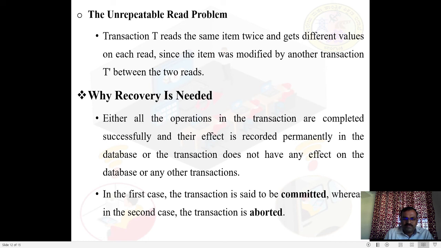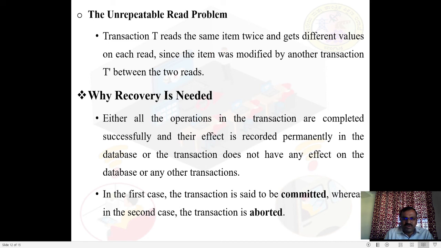In the first case, the transaction is said to be committed, meaning it is recorded permanently in the database. Whereas in the second case, the transaction is aborted. Aborted means the transaction does not have any effect on the database or any other transaction.